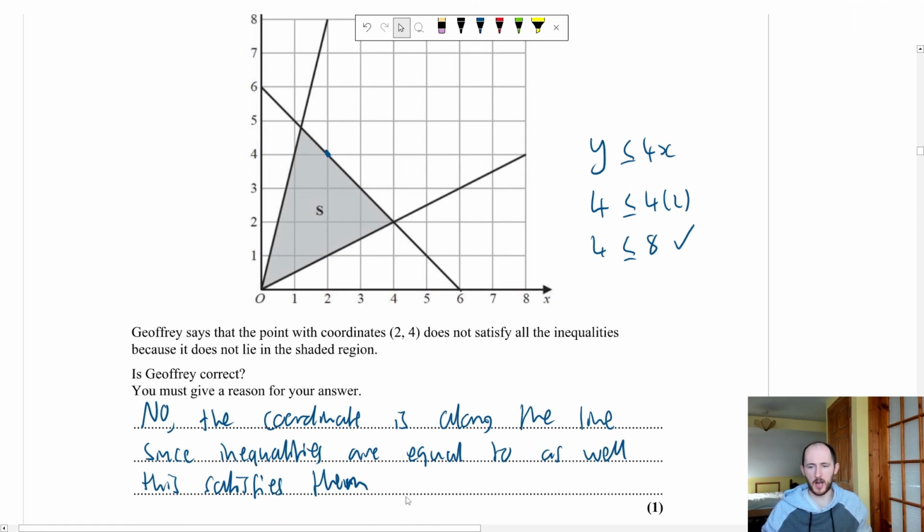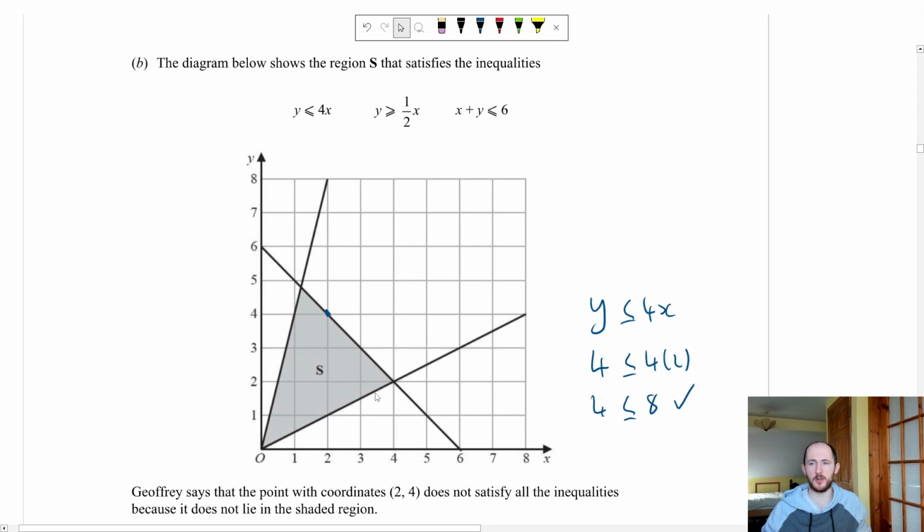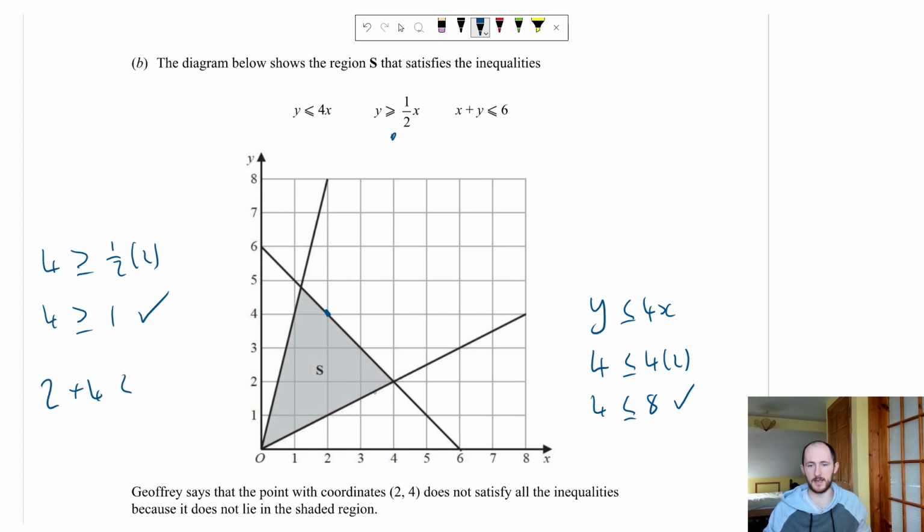But I like this because it's a bit quicker, but just so you know, you can do the same thing. So for example, if I look at the second one now, we have 4 is bigger than or equal to a half of 2. Well, 4 is indeed bigger than or equal to 1, so that's also correct. And then lastly, we have 2 plus 4 is less than or equal to 6. Well, 6 is less than or equal to 6, so that also works.